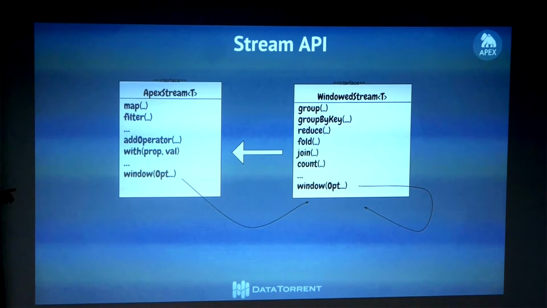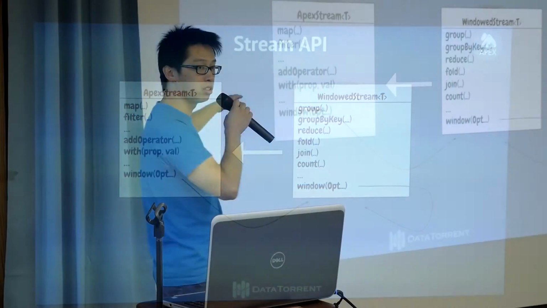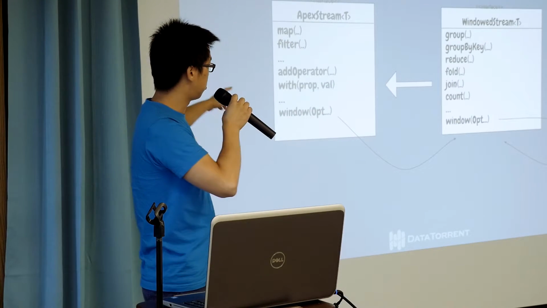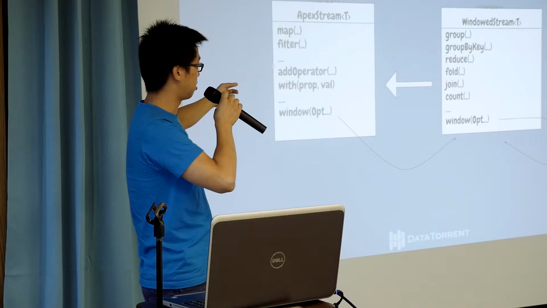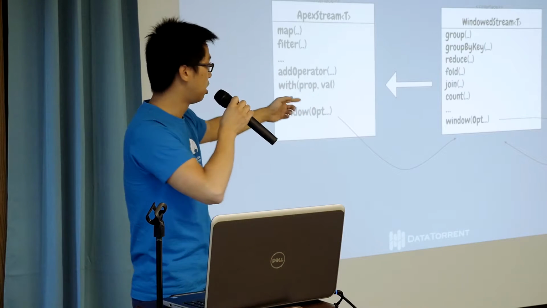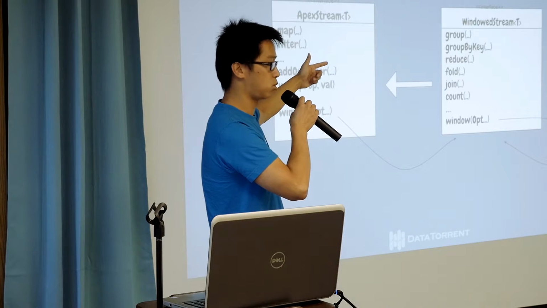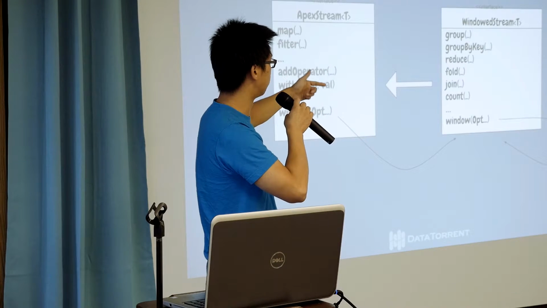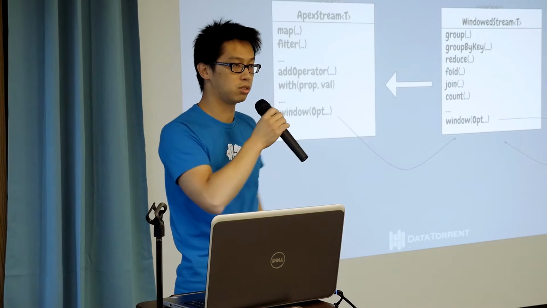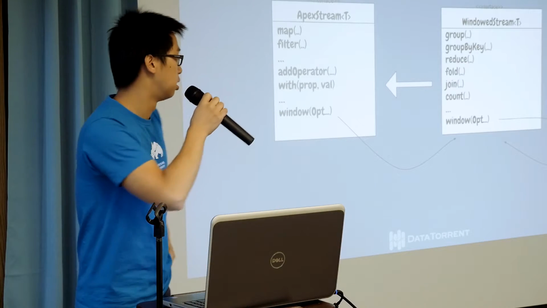It means nothing to do those Windows transformations without defining a window. So we figure this is a better way: you always define a window first to turn the plain stream into a window stream. Then you are allowed to do the Windows transformations, like group, reduce, and join.